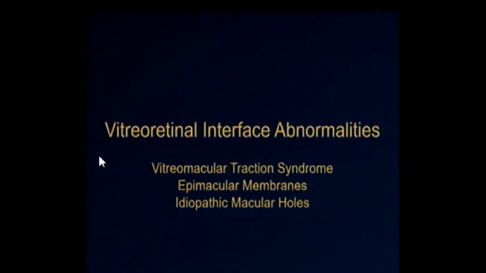Anything else? Yes. How come it's bilateral? Because usually eyes behave the same way. Usually in medicine and in ophthalmology, you'll find that the eyes will behave symmetrically in general. It's practically almost always bilateral.